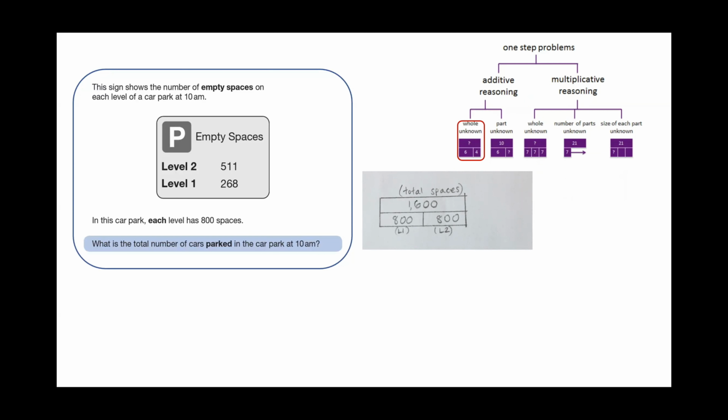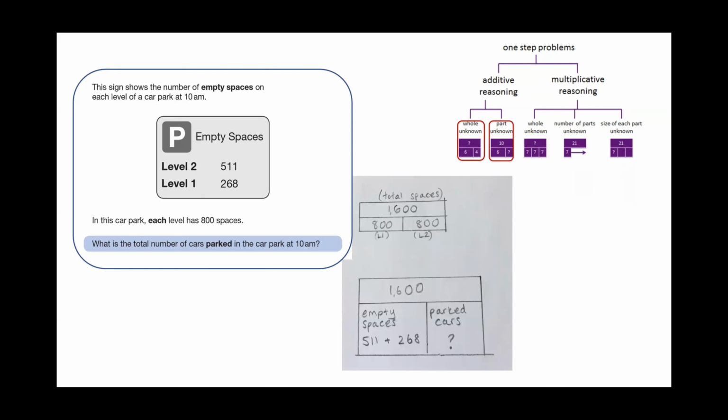Now I'm thinking about the empty spaces, because the empty spaces are going to give me an indication of how many cars are parked as well. I know that on level 2, there are 511 empty spaces, and on level 1, 268. Again, this is additive reasoning. I know my two parts, but I don't know my whole.